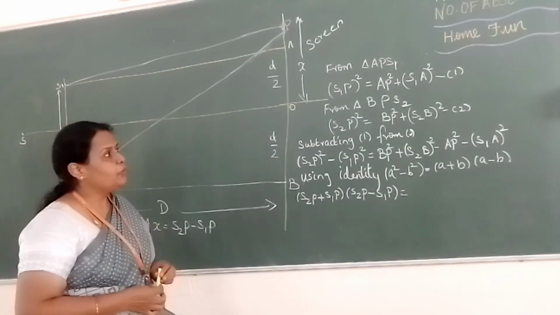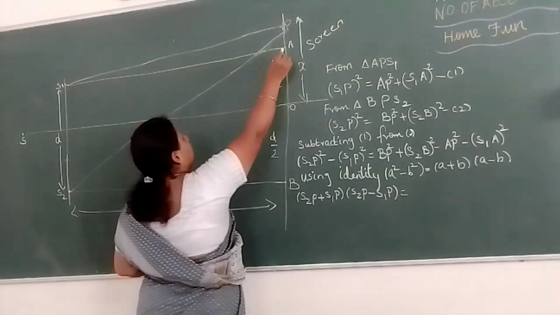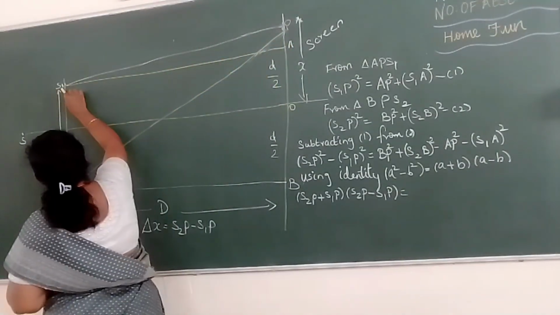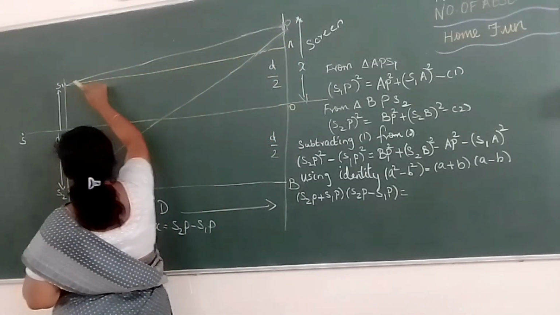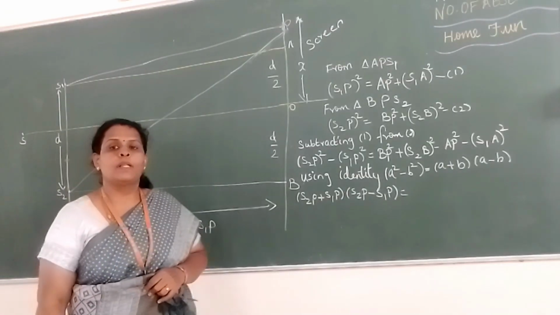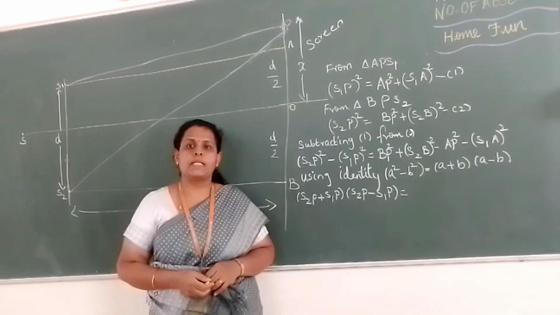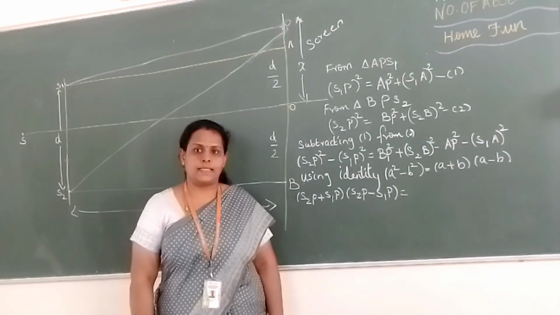Okay. So if you consider the triangle APS1, here, according to Pythagoras theorem, the square of the hypotenuse is equal to the sum of the squares of the other two sides.